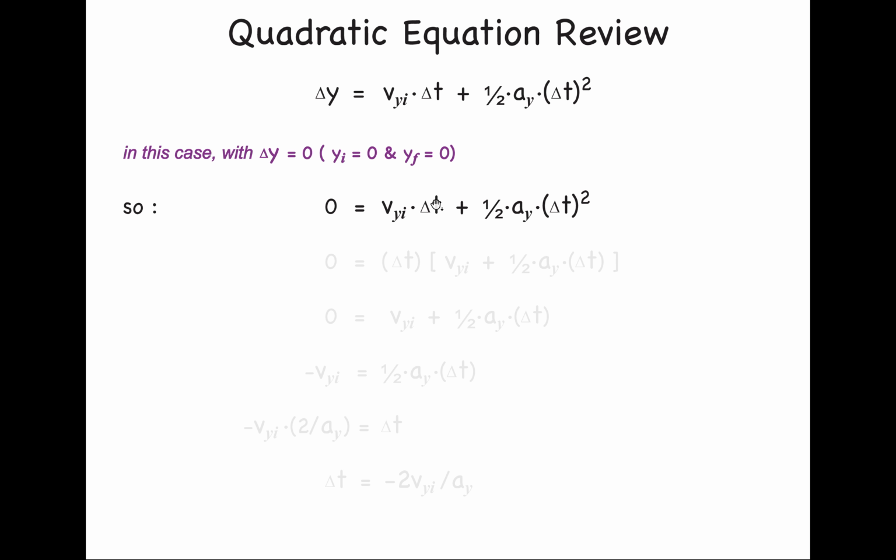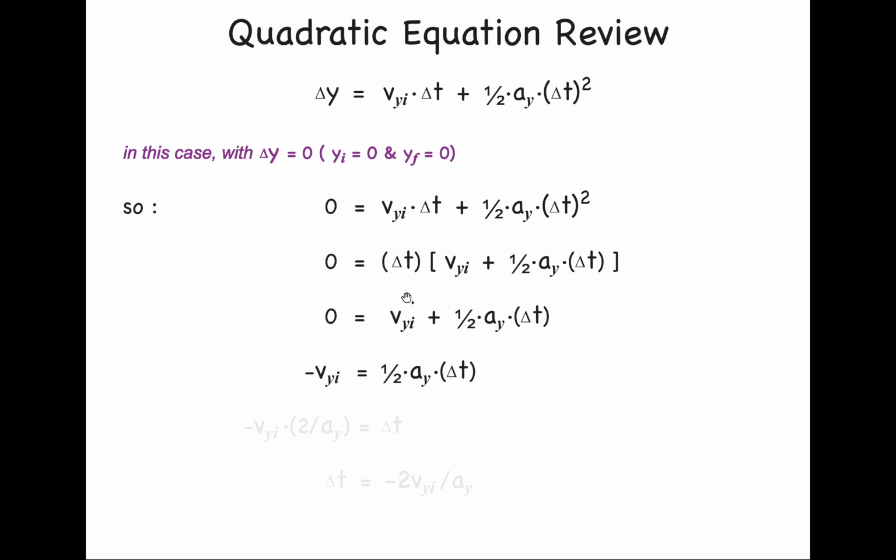And now what we can do is factor out a delta t. So pull a delta t out front, and this just becomes this term plus 1/2 ay delta t, and now it's a single delta t here. But I can just get rid of this delta t, right? I can divide both sides by delta t. 0 over any number is still 0. And so I'm left with 0 is equal to vyi plus 1/2 a delta t.